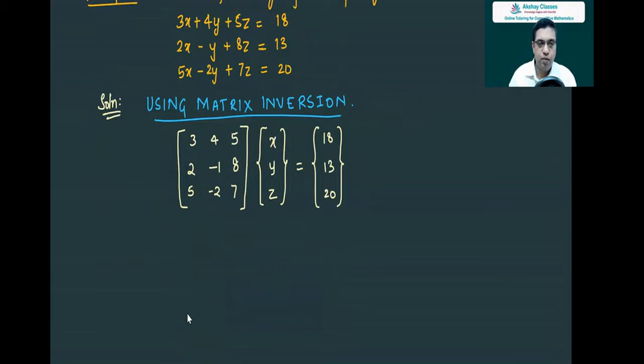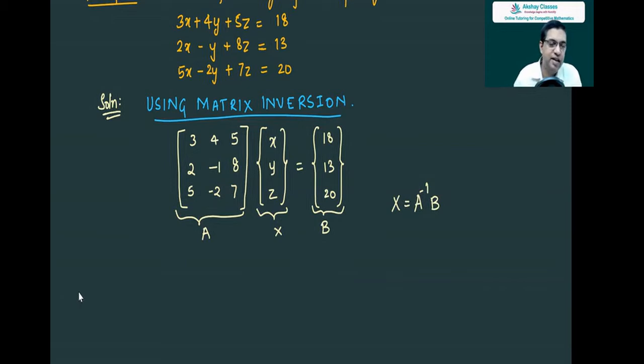So now we reduced the given equations into this form. So this is A, this is X, and this is B. So X, we know, is simply A inverse B.